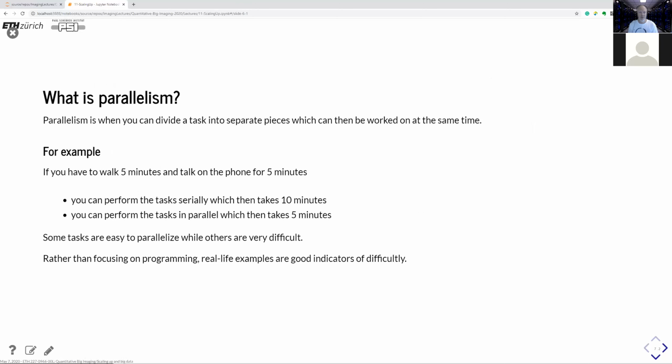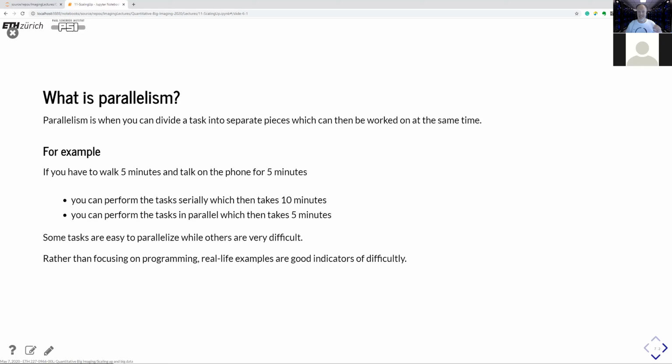First of all, what is parallelism? In principle, it means that you can divide a task into several subtasks, and those can be worked on in parallel. Hopefully you would come to the goal quicker than if you did them one after the other. A very simple daily example: if you have to walk for 5 minutes and talk on the phone for 5 minutes, you can do it one after the other.